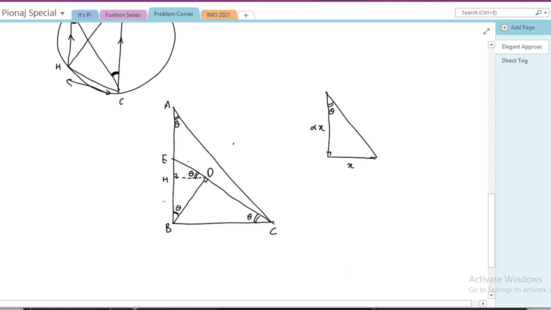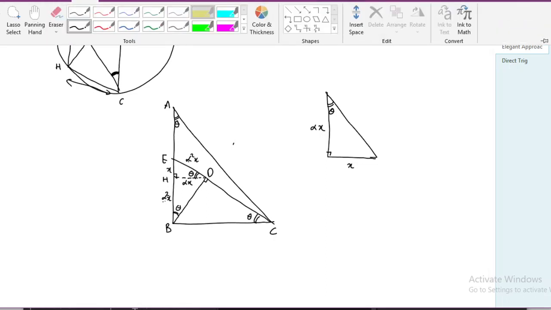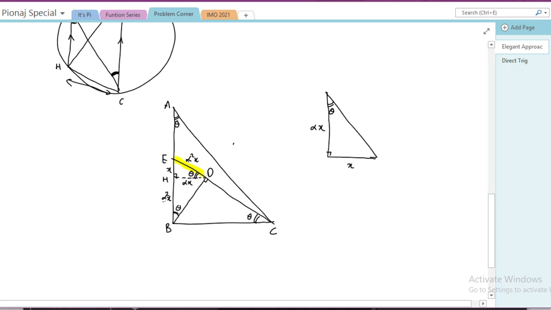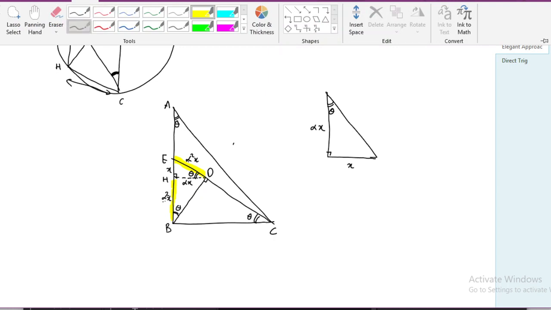Okay, so if we do that and we start our x, let's say from here, then this should be alpha x, and similarly this would be alpha times that, so this would be alpha squared x, but that is equal to ED, which is what we just showed. So that's the yellow segment in the previous diagram. So these two are equal, so we get this nice figure.